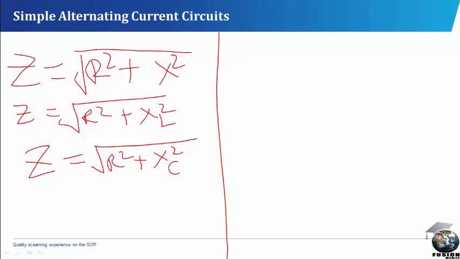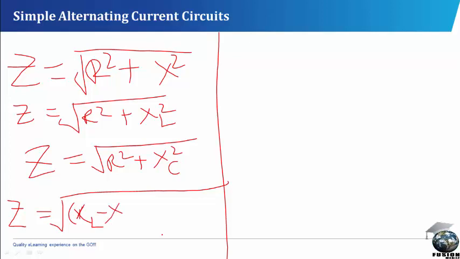But if it is a complete circuit of resistive, inductive, and capacitive circuit, we have it that Z is equal to square root of XL minus XC all squared plus R squared.